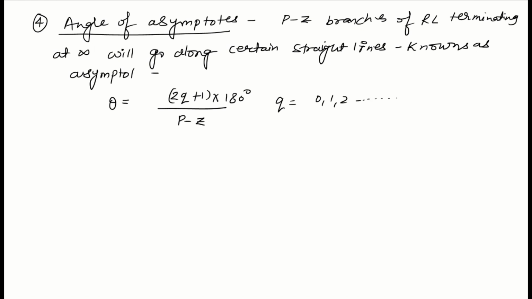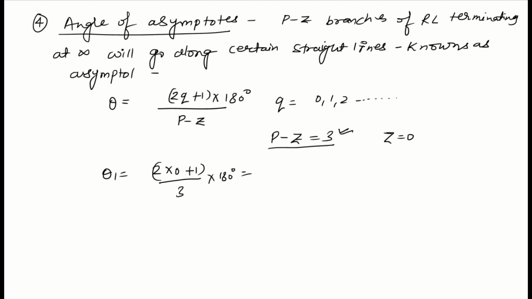Let us suppose that in a particular question we have p minus z equal to 3, and z equals 0. Then 3 branches of root locus will terminate at infinity, so there will be 3 asymptotes and we need to calculate the angle of each. The first value, theta 1, will be equal to (2q plus 1), with q equal to 0, divided by p minus z, which is 3, into 180.